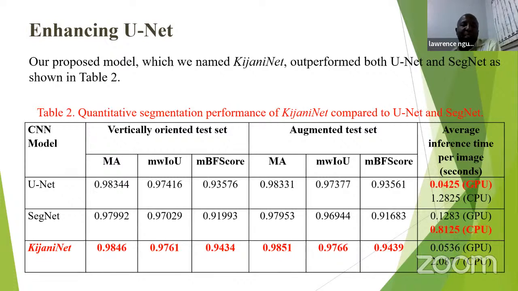We measured segmentation accuracy in terms of mean accuracy, mean weighted intersection over union, and mean boundary F1 score. In terms of all these performance measures, KijaniNet was superior to the other networks. However, it was slightly slower than the other networks in terms of inference speed.